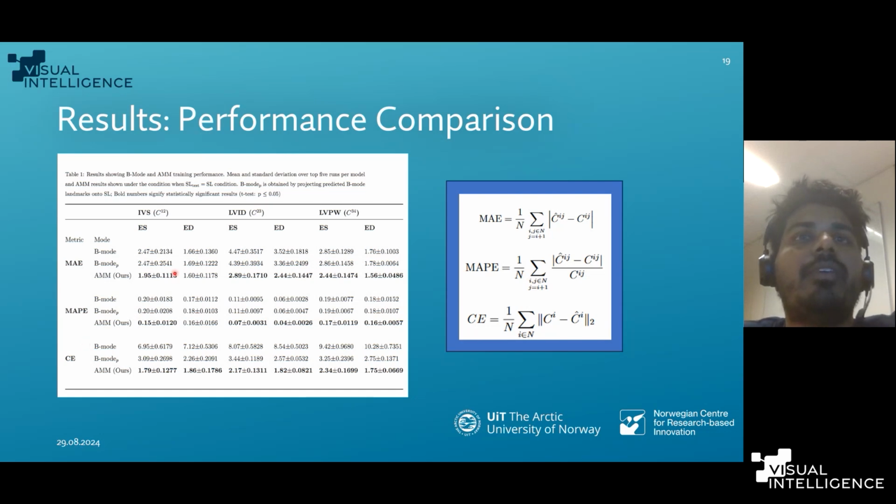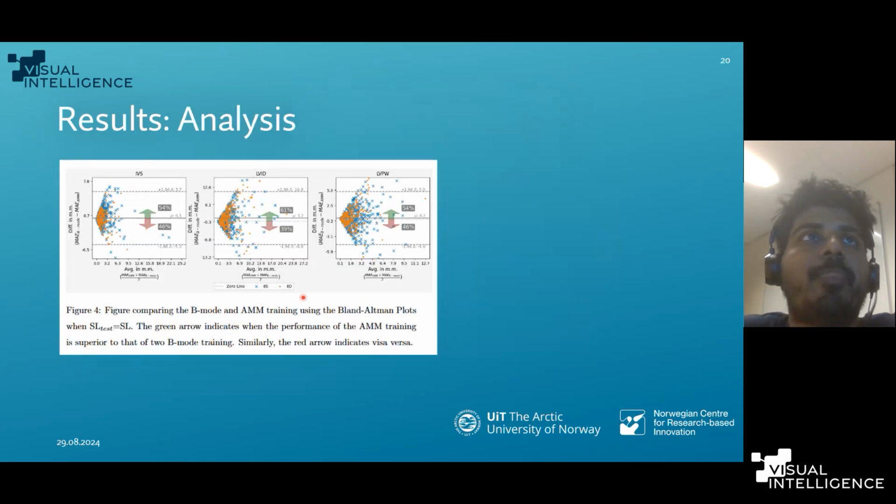And as I mentioned, if we keep all the training protocols the same and just do this B mode to AMM algorithm, then we improve on average over the test data, and without doing any extra complicated pre-processing or design, we improve the baseline.